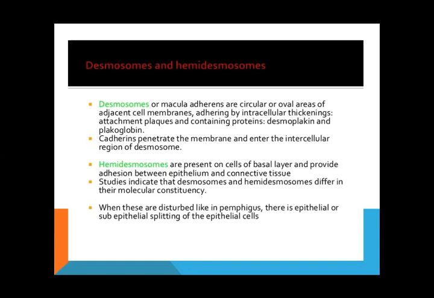Hemidesmosomes are present on cells of the basal layer and provide adhesion between epithelium and connective tissue. Studies indicate that desmosomes and hemidesmosomes differ in their molecular constituency. When these are disturbed, like in pemphigus, there is epithelial or subepithelial splitting of the epithelial cells.